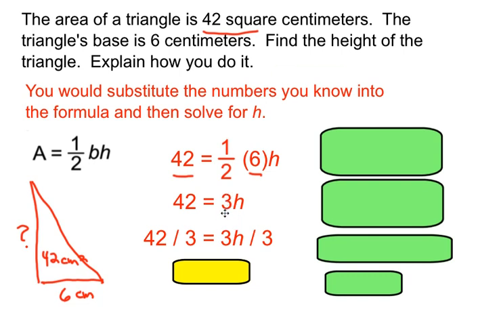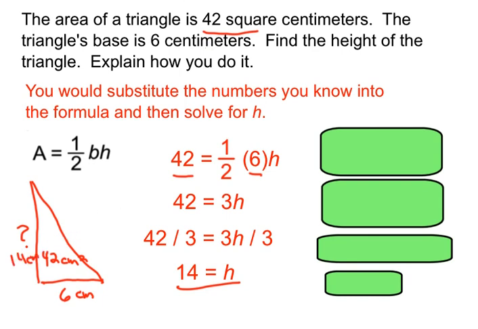So we're going to isolate the variable by dividing by 3. So 42 divided by 3 is going to give us 14, and then 3 times h divided by 3 will leave us with the value of h. And so we can see that our height in this case should be 14 centimeters.